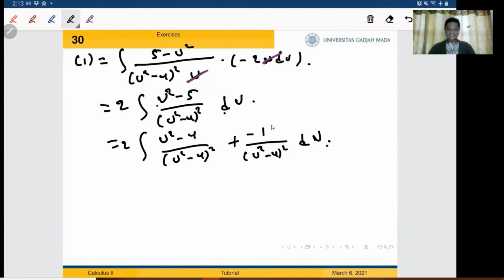Should be slow enough. This one is easier. Why? Because we can cancel one term. So I can cancel this, and it becomes 1 over u square minus 4. But the challenge will be this part.